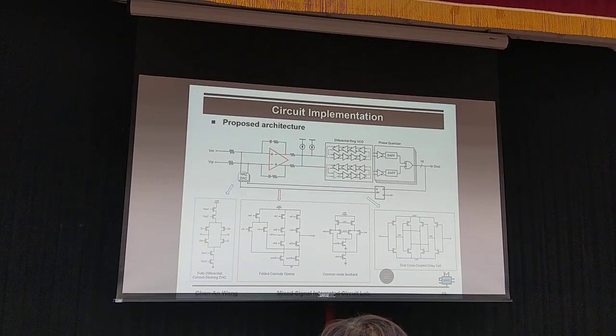For the underlying DAC, we adopt the dual cross-coupled cell DAC to guarantee excellent differential symmetry and linearity. After the VCO stage, the output phases are quantized into a 16-bit digital output by the phase quantizer, which is composed of a sense amplifier and an exclusive-OR gate.